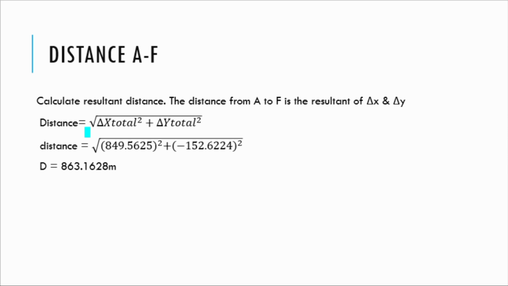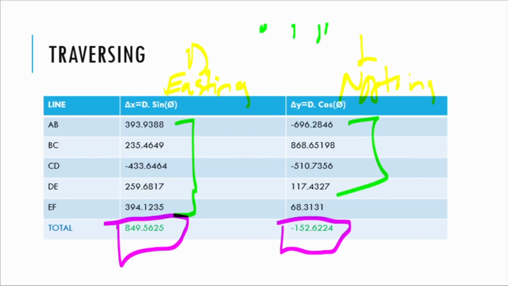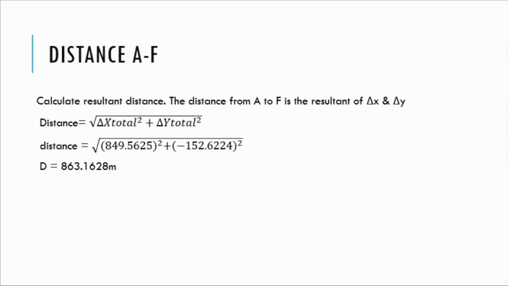So D is equal to the square root of the addition of the square of the summation of X and the summation of Y. That means we are going to use the values that we have gotten here. These two are the values that we are discussing there. So we are going to do that.